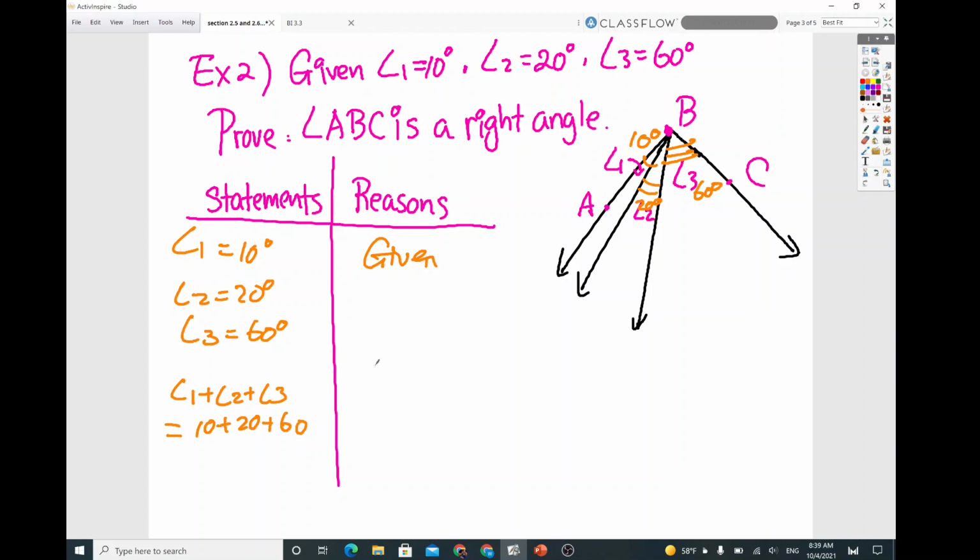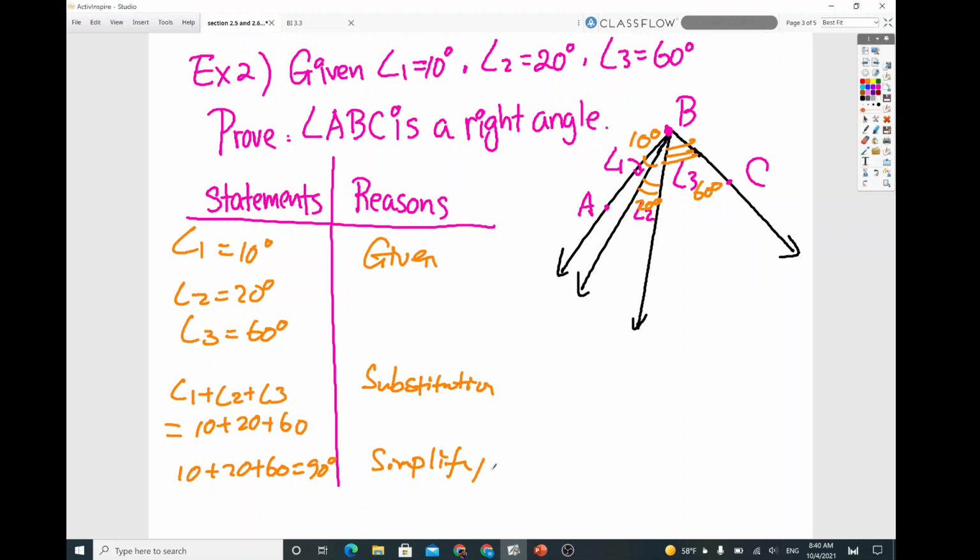For this one, just say it's substitution. Evaluate it: 10 plus 20 plus 60 is 90 degrees. Here you probably want to say simplify.